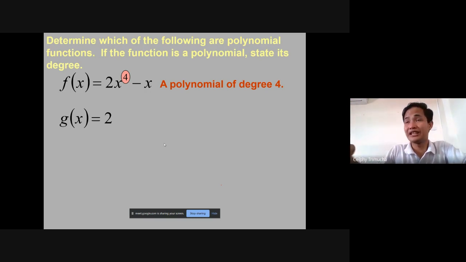So the given is g of x equals 2. We mentioned earlier that even if the equation has only two components or any number of components, it is a polynomial. How about this time we are given a certain constant? Can we consider this one a polynomial? Sige, Bifford, polynomial or not?